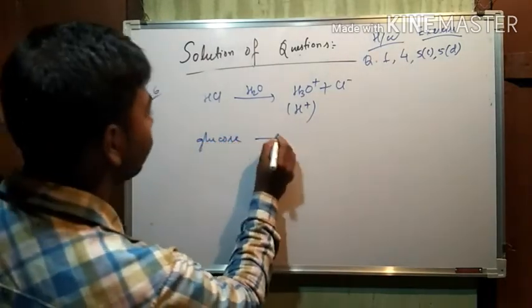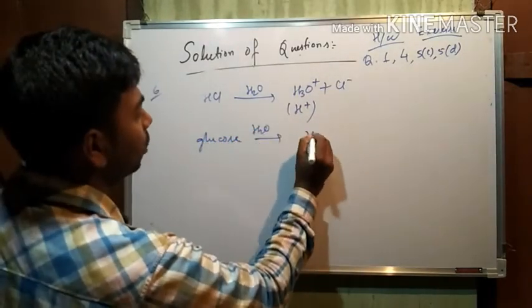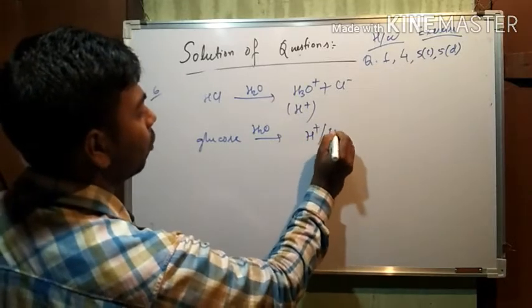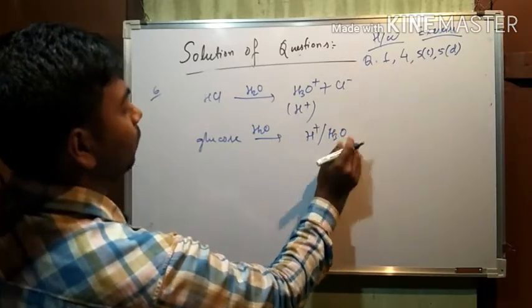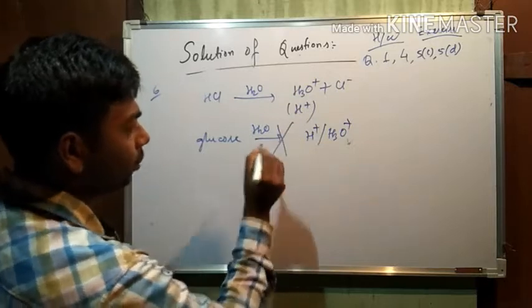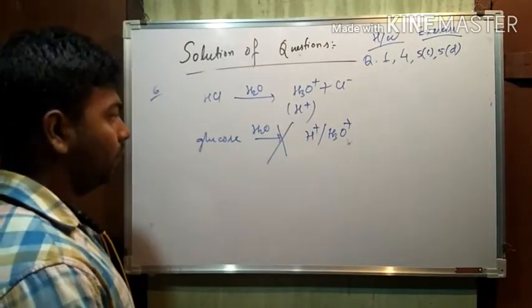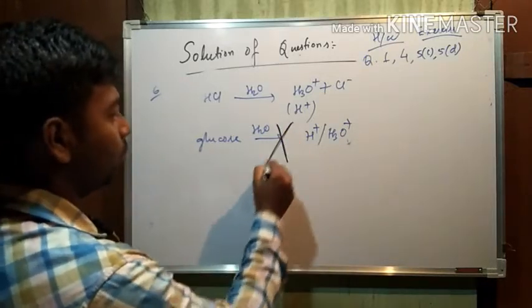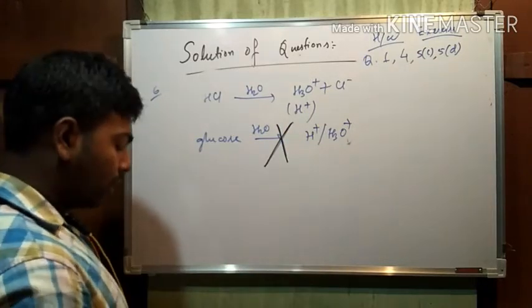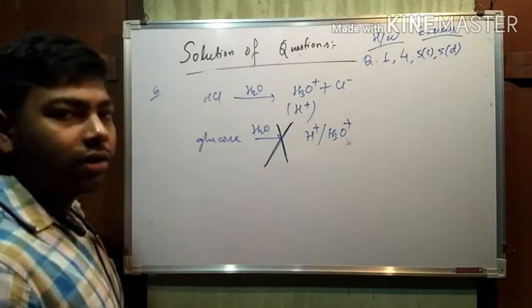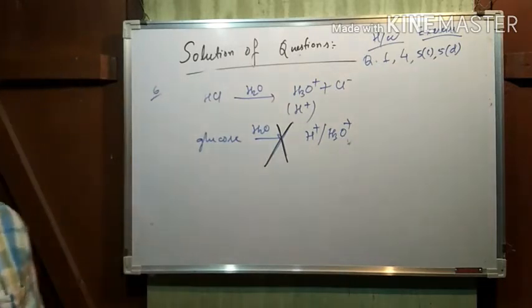When glucose reacts with water, it does not produce H plus or H3O positive. That's why glucose is not termed as an acid.